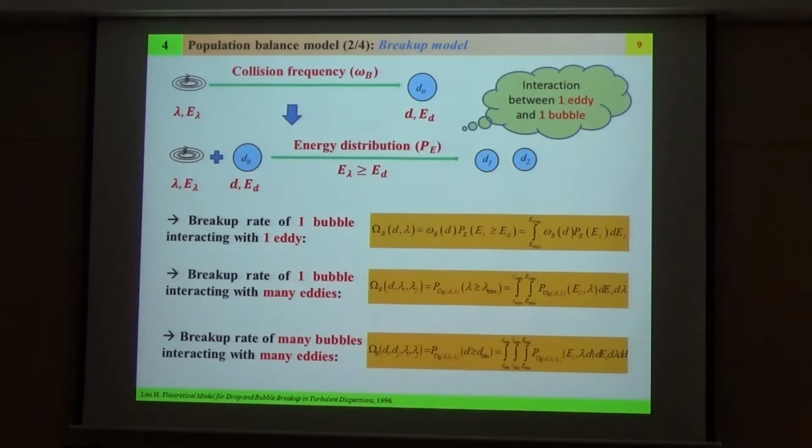Then one bubble can interact with many eddies if the eddy size is smaller than the bubble size. It can be broken into two smaller bubbles with the break rate like that, and finally is the interaction between many bubbles and eddies with the total break rate like that.